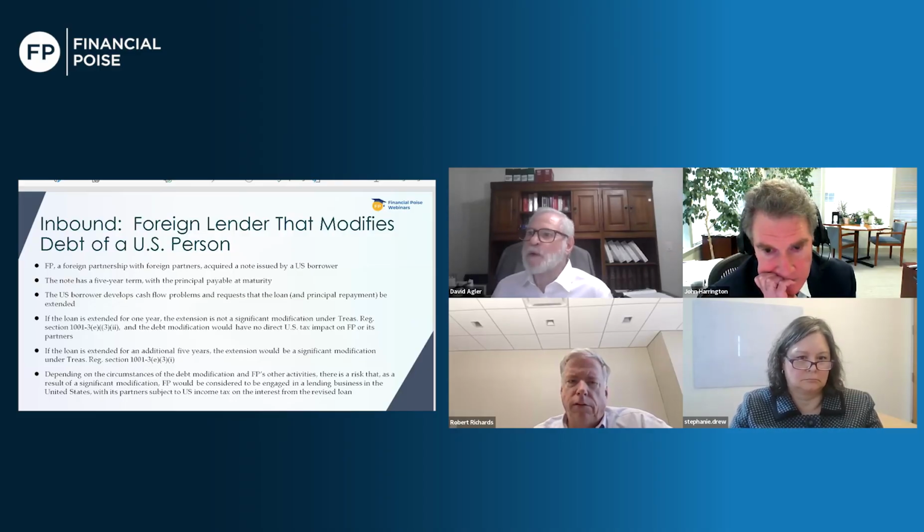So in this example, you have originally a 1-year extension, which does not meet the significant modification rules, on a 5-year original maturity. But then if the loan is extended for an additional 5 years, this would be a significant modification.